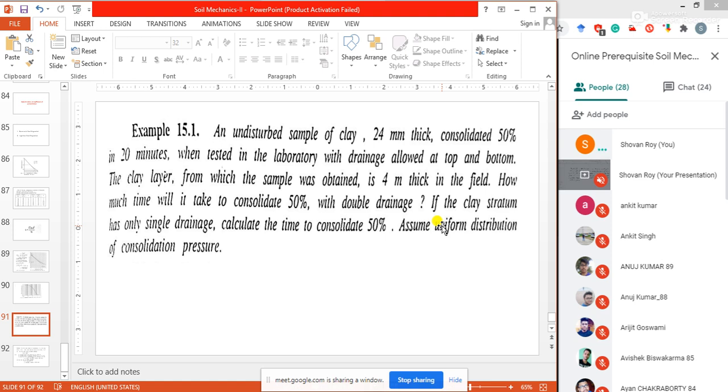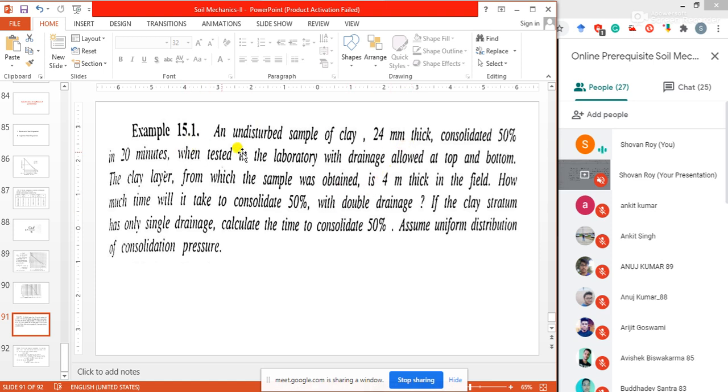How much time will it take to consolidate 50%? If in the field the layer is 4 meter thick, how much time will it take to consolidate 50% with double drainage? Because in our laboratory we allowed drainage from both sides, that is, double drainage was allowed in the lab. The thickness of the sample was 24 mm and the consolidation rate was 50% in 20 minutes.